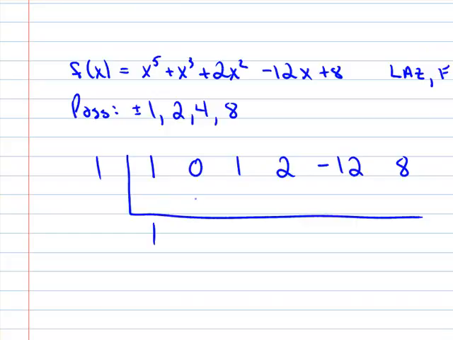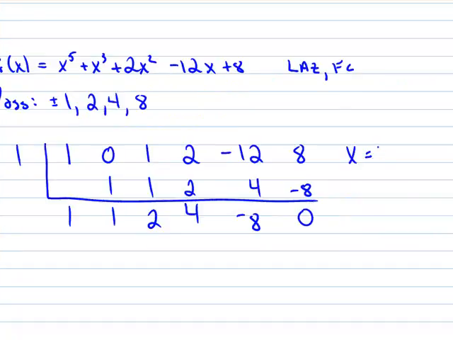So let's see, bring down, multiply, bring down, multiply, bring down, multiply, bring down, multiply, bring down, multiply, bring down. So I have x equals 1 is a zero. Of course, that means that x minus 1 is a factor.